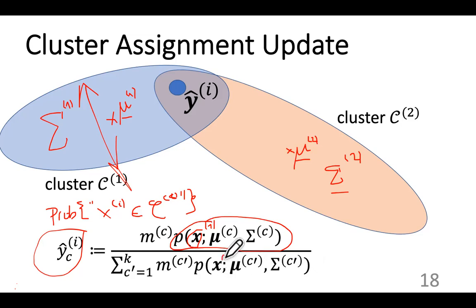So what is shown here is essentially a Bayes rule. So this formula here for the degrees of belonging is the Bayes rule. So you can understand this formula by basic rules of probability.